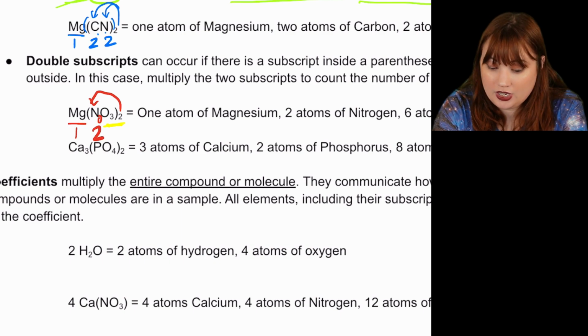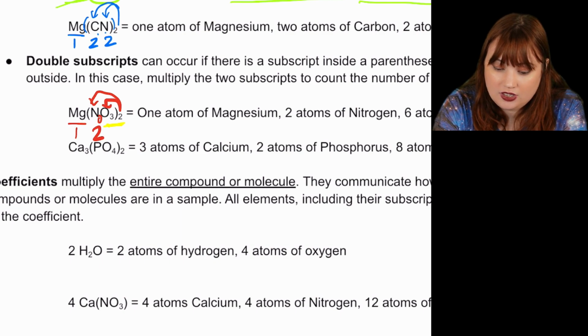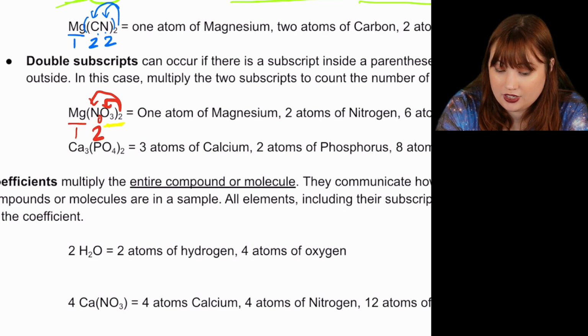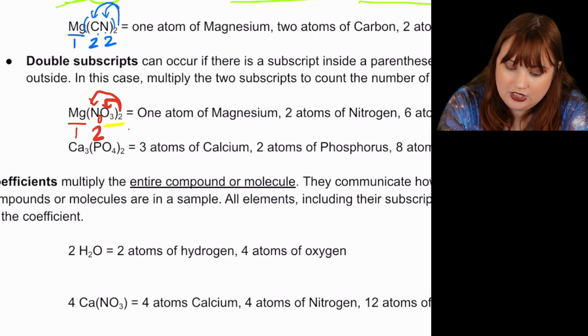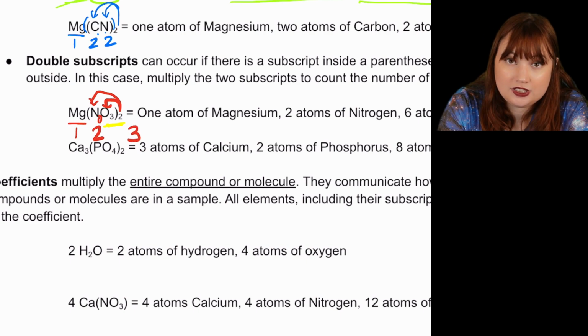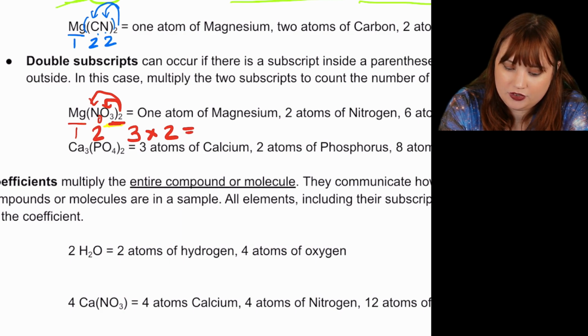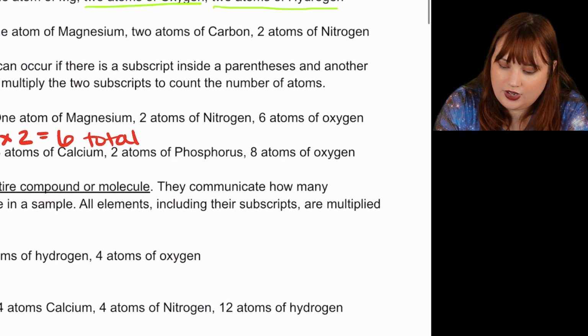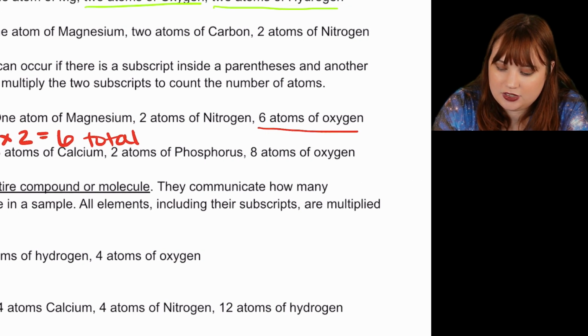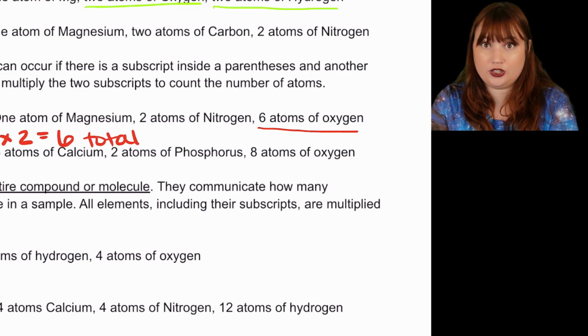We'll do the same process with this oxygen. The 2 outside the parentheses affects that oxygen, multiplying it, but I already have 3 oxygens. So if I have 3 oxygens times 2, so I have both those subscripts, I get 6 total. So I have 6 atoms of oxygen in this molecule.